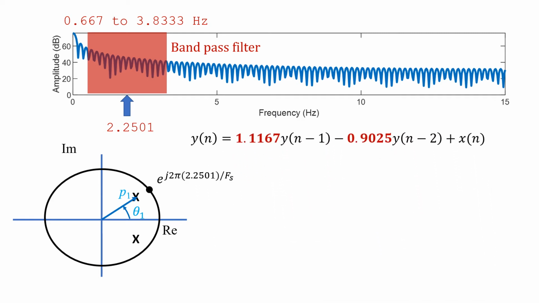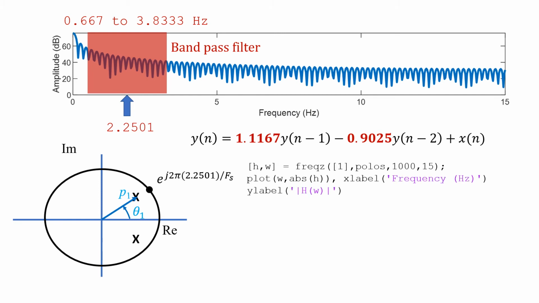Now let's see how this filter looks in frequency. So I'm going to use, once again, Matlab. To do that, I'm going to use the command freqz, and that command requires me to give the coefficients associated with the input, that's just that one, and the coefficients associated with the output, which I computed before.